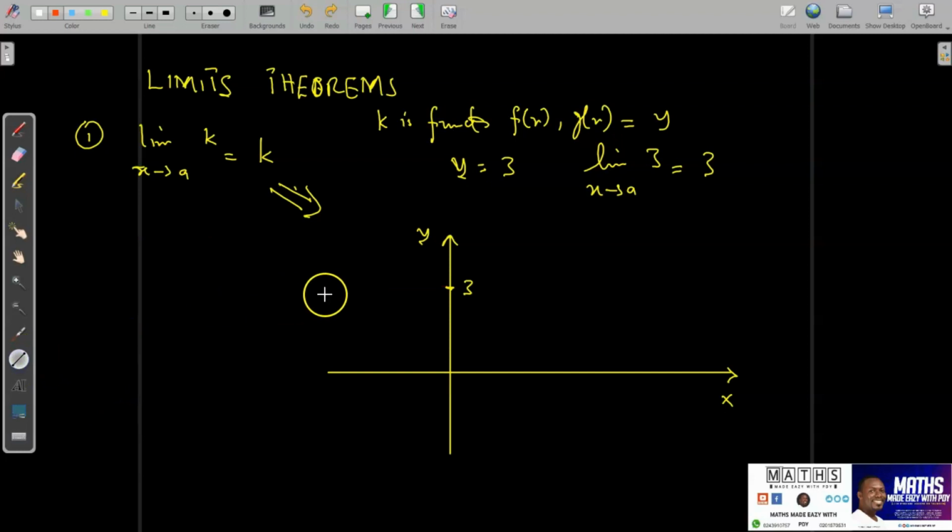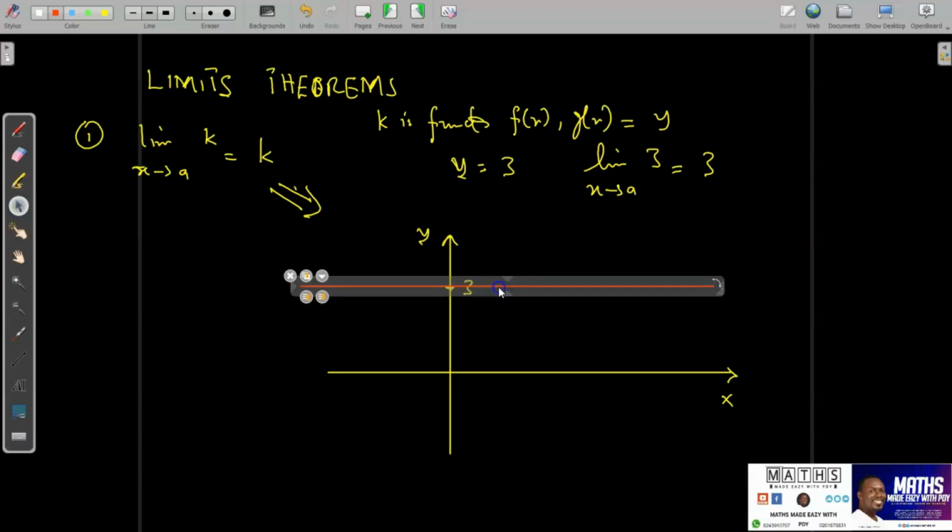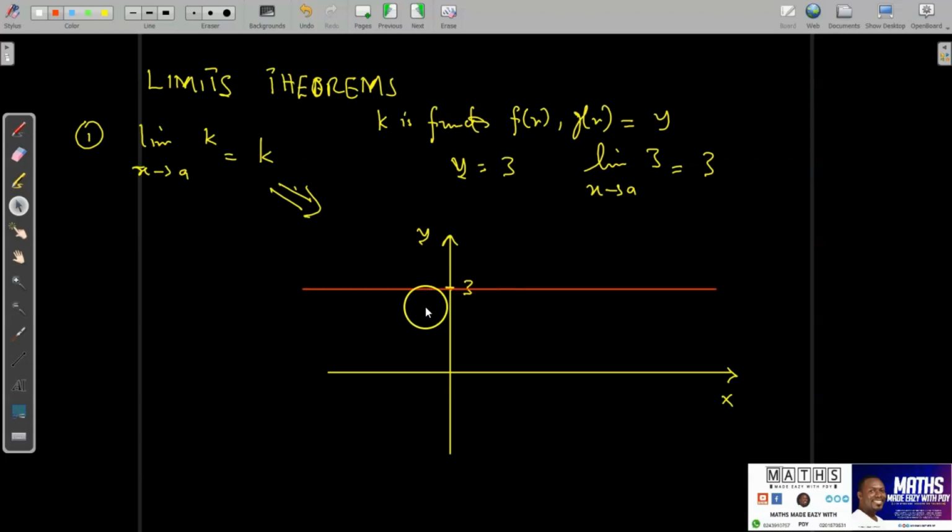That line will pass through 3. Do you agree with me? Y equal to 3, this is the line.